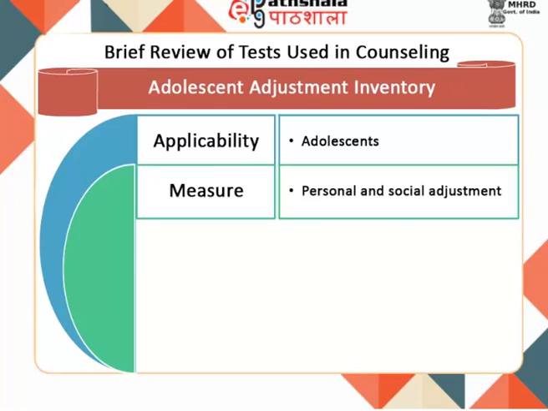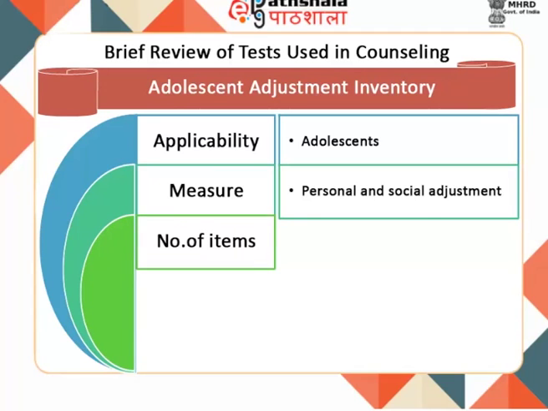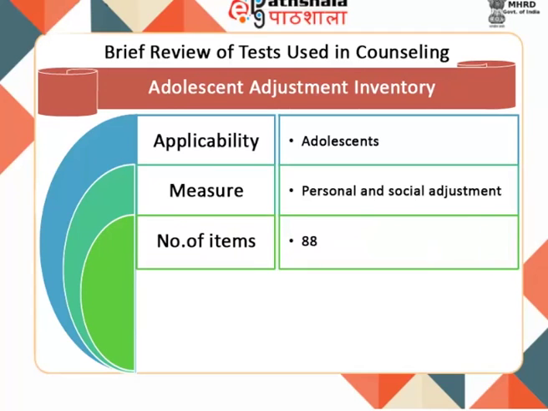Social adjustment items measure the adjustment towards home and school as well as sex adjustment. Number of items 88.